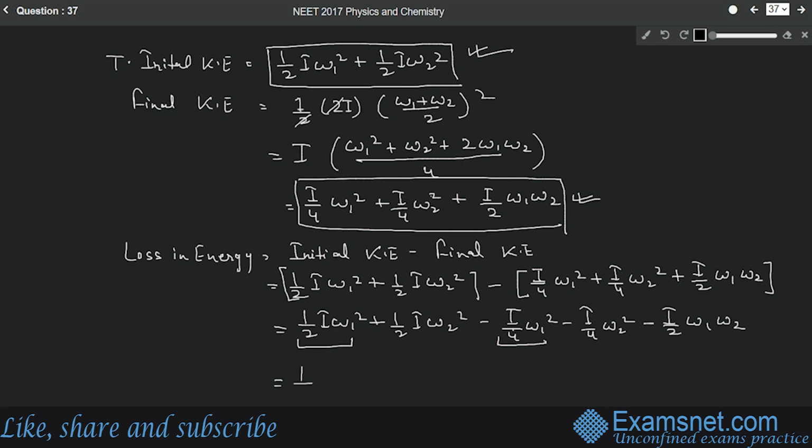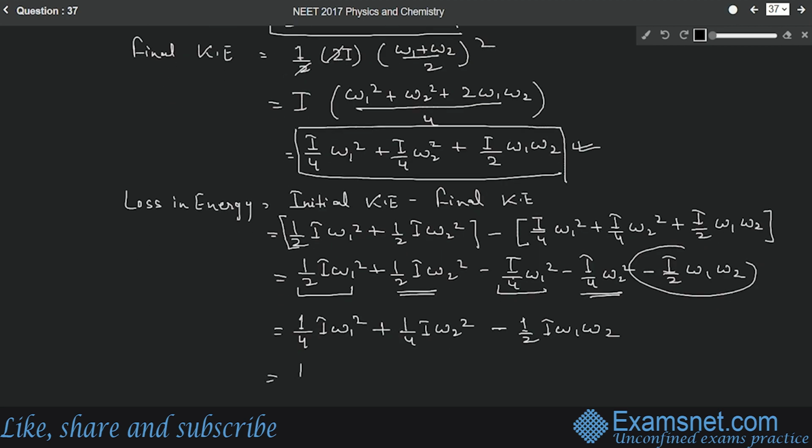So on subtracting, we'll get 1 by 4 I omega 1 square. Then this side we have half I omega 2 square, this side also we have 1 by 4 I omega 2 square. So on subtracting, we'll get 1 by 4 I omega 2 square. Now what is left here? Only this one is left, that means minus 1 by 2 I omega 1 omega 2.